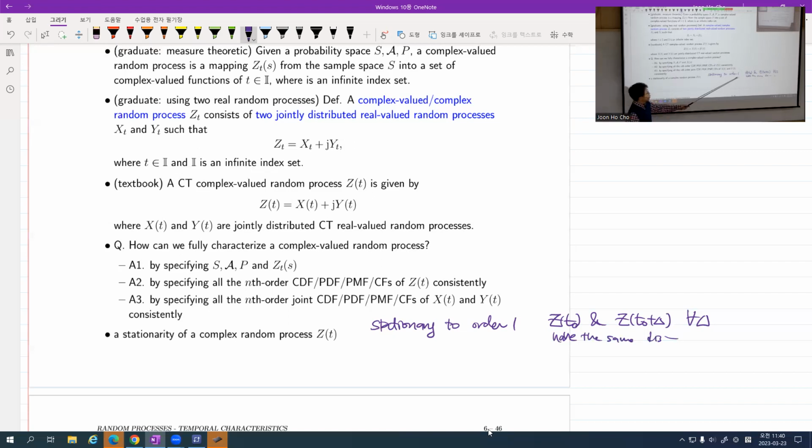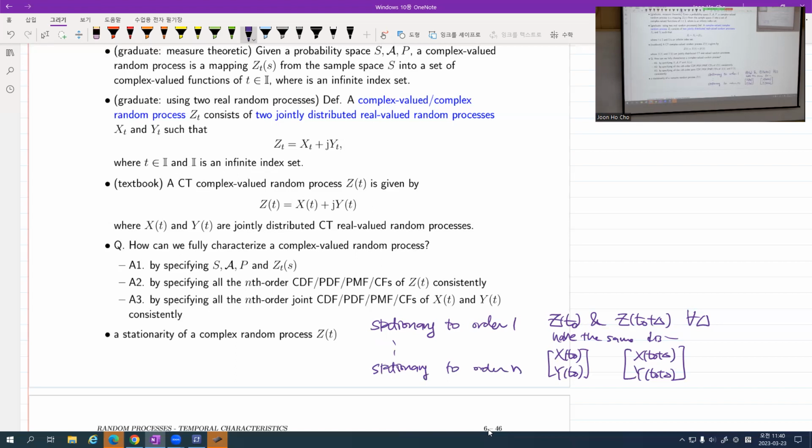In order for this to be satisfied, what do we need? X of t0, y of t0, a length 2 random vector, and x of t0 plus delta, y of t0 plus delta. These 2 random vectors have the same distribution, right? And in this way, you can define any stationarity to order n.